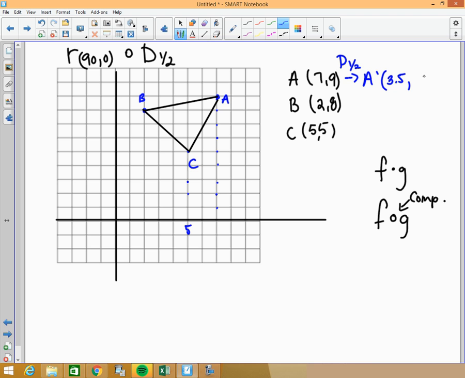And then 9/2 becomes what? 4.5. And then B prime becomes what? 1 and 4. Good. And C prime becomes what? 2.5 and 2.5. Okay, so now we're going to go ahead and graph these points.